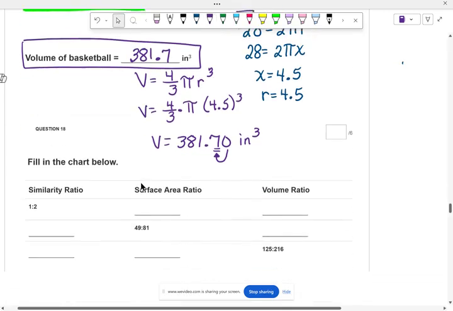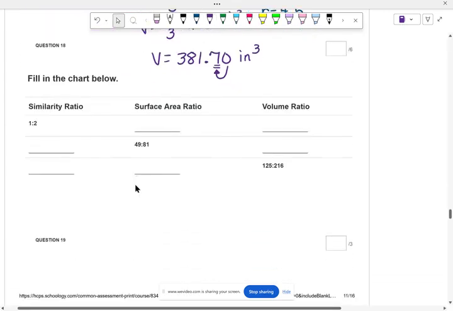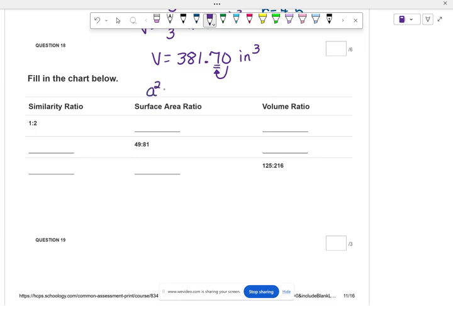All right, number 18, fill in the chart. To turn a similarity ratio into a surface area, we have to square each number. To turn a similarity ratio into a volume ratio, we have to cube each number. So we start with 1/2. A is 1, B is 2.